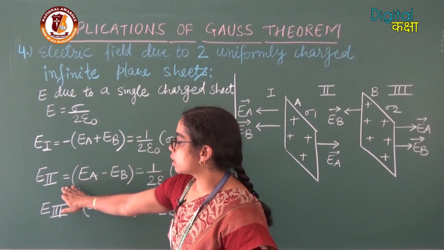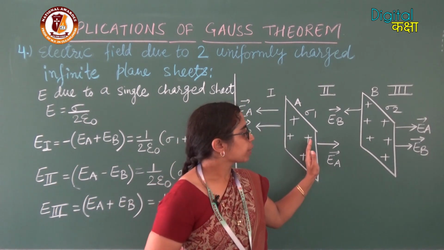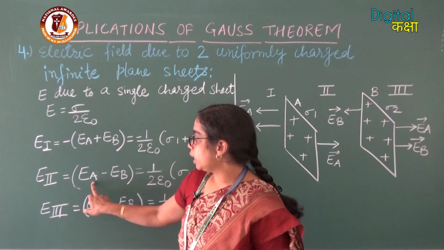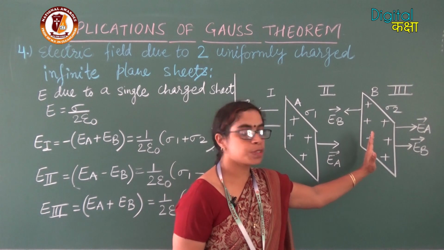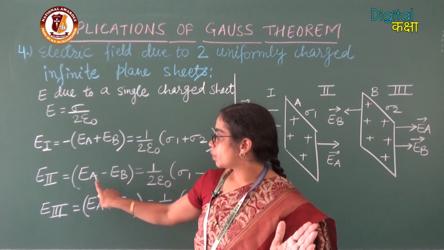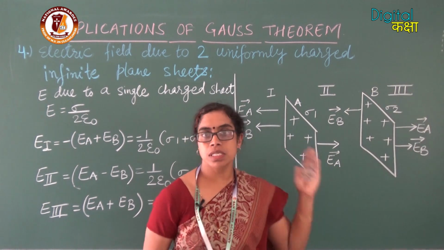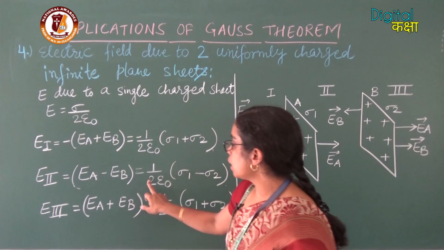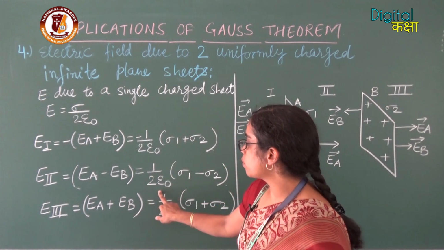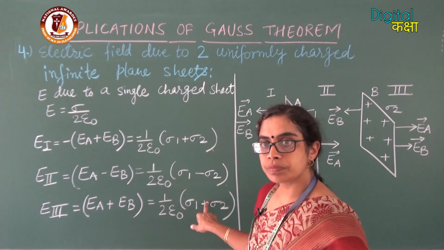For the second region, the electric field, by seeing the diagram, will be given by EA minus EB. EA is directed towards the positive x-axis, so it has a positive sign, and EB, which is towards the negative x-axis, is written with a negative sign. It is equal to 1 upon 2 epsilon naught times sigma 1 minus sigma 2.